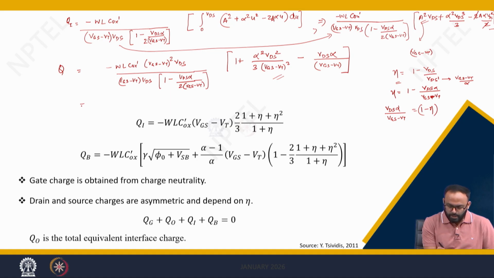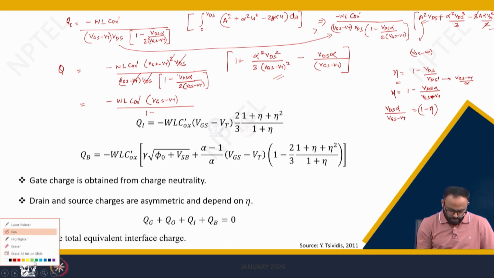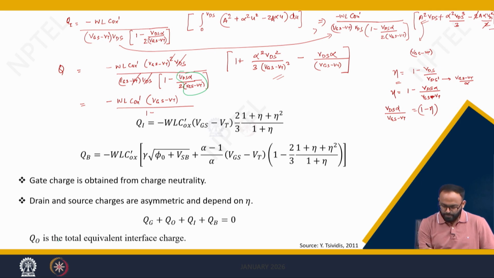So, let us replace, and first this will get cancelled, you will get minus W into L into Cox dash into Vgs minus Vt divided by 1 minus, what is this quantity? This quantity is nothing but 1 minus eta. So you can write it as 1 minus eta divided by 2.